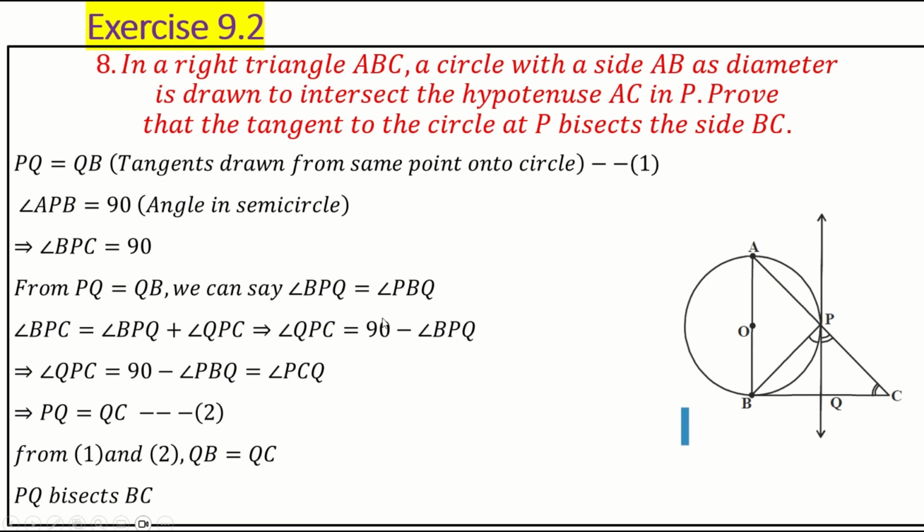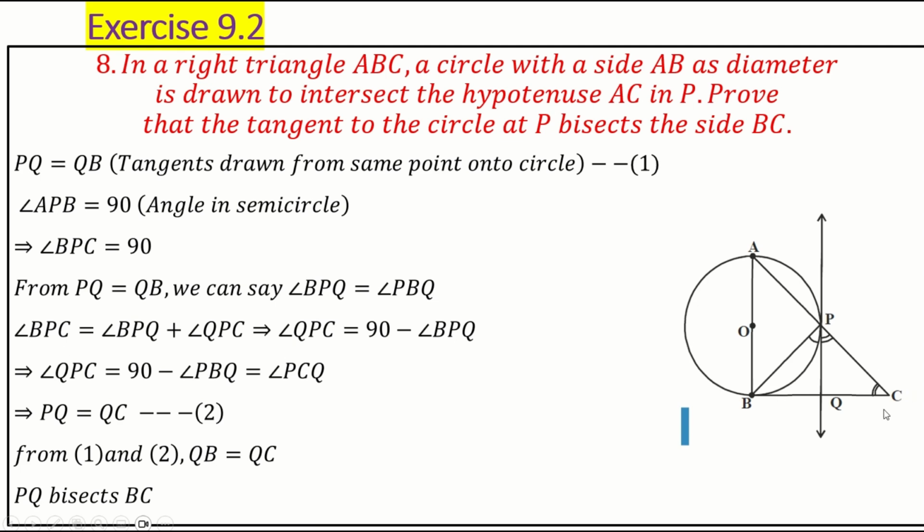Okay. Now let's see. Next. Angle BPC is also 90 degrees, which means PQ equal to PB. This we know. With this, we can say that if this angle is X, this is also X. These two are X and X. Now, next.